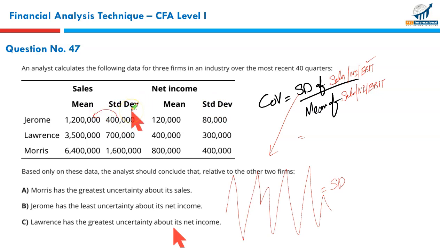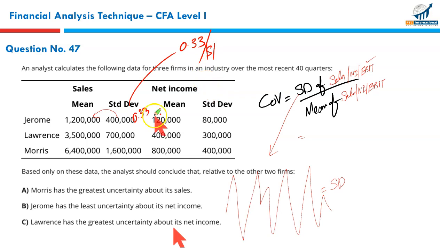First we have the standard deviation of sales divided by mean. So I'm going to divide 400,000 by 1200. What I get is 0.33. So the first number is 0.33 volatility or standard deviation per $1 of sales. How do we interpret this? The interpretation is, gentlemen, 0.33 volatility for every $1 of sales.